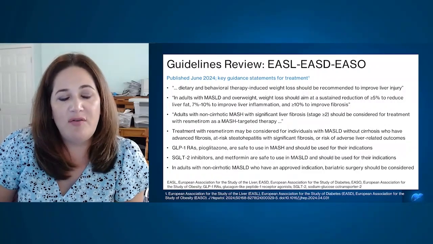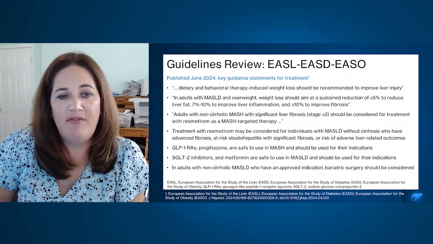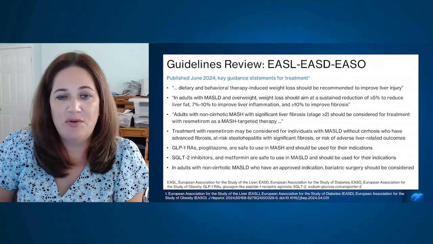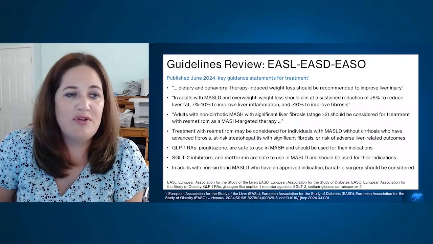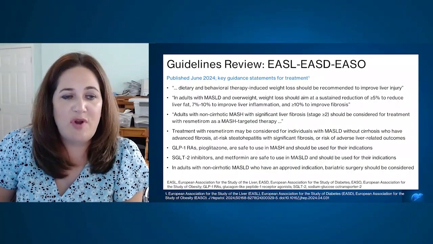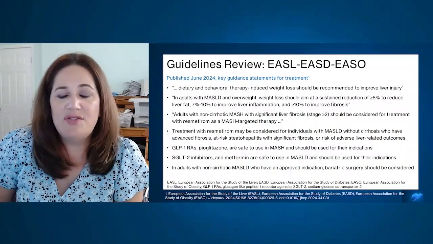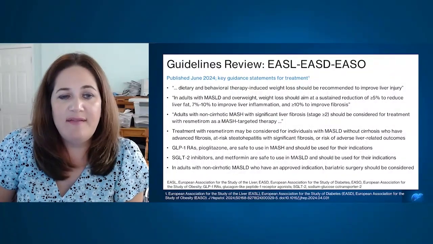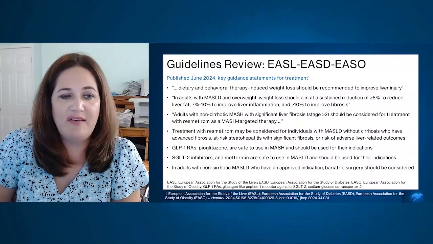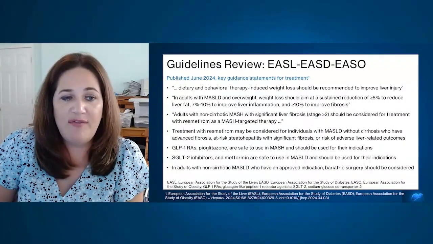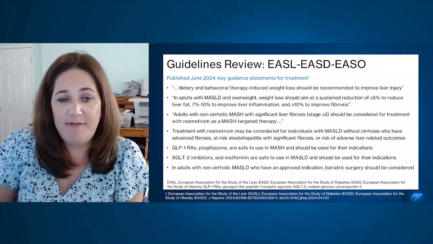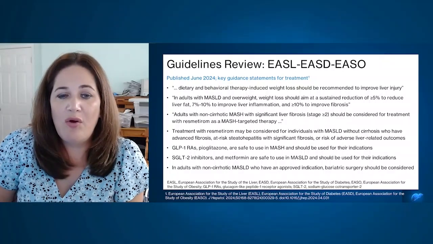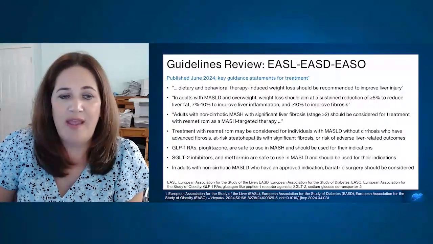Adults with non-cirrhotic MASH with significant liver fibrosis greater than stage 2 should be considered for treatment with resmetirom as a MASH-targeted therapy. Treatment with resmetirom may be considered for individuals with MASLD without cirrhosis who have advanced fibrosis, are at risk for steatohepatitis with significant fibrosis, or risk of adverse liver-related outcomes.